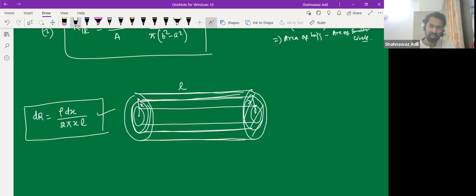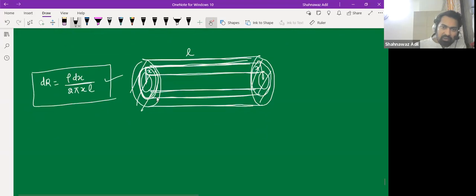I am no longer calculating between this one; I am calculating between this curved surface and the outer curved surface. So at x distance, I will take a very small curved surface, and then I will integrate from A to B.